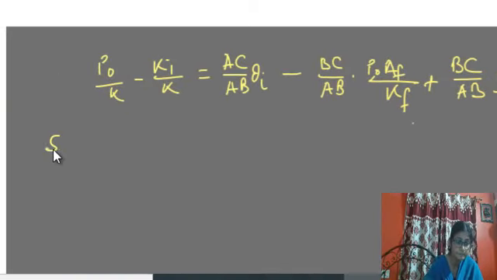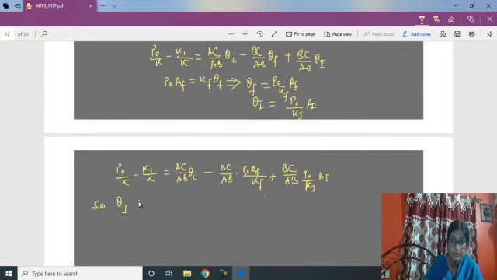So the output pressure in terms of theta I, from here we can write P0 Ai by Ki, BC by AB into P0.